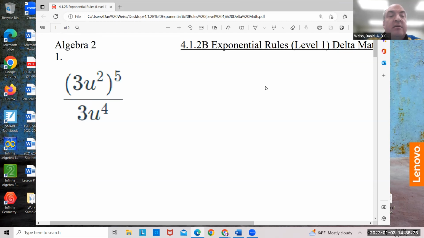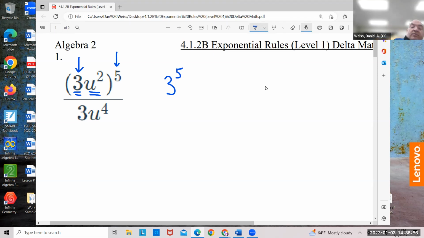3u to the second, all to the fifth power, over 3u to the fourth power. Here's what I'm going to do. I'm going to start by taking this 3 here to the fifth power, because it's 3 to the fifth power and u to the second to the fifth power. So what is 3 to the fifth power?